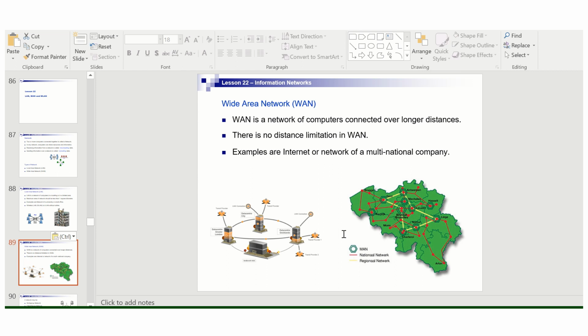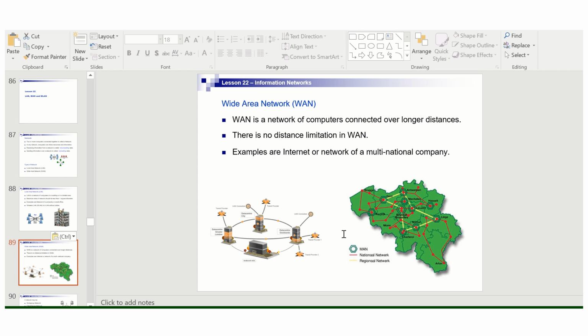You understand? Sometimes what happens with this company is that they have many offices, but sometimes when you get to the other office, your experience is not the same. So let's talk to them about setting up a proper one. But that example of that company is a wide area network.